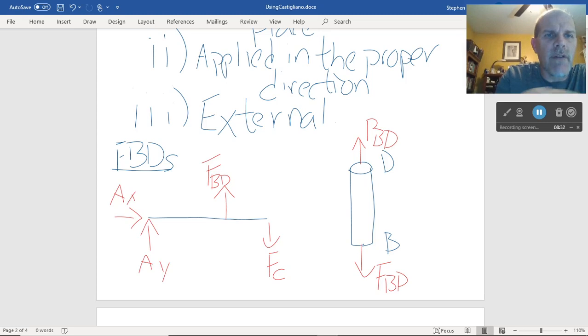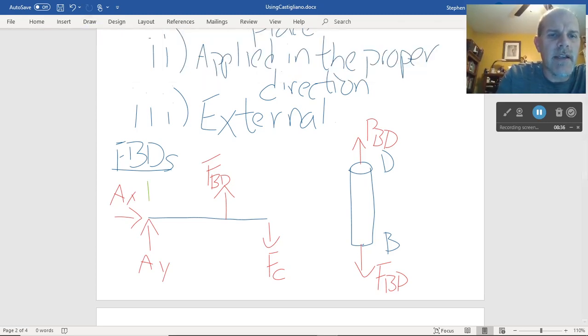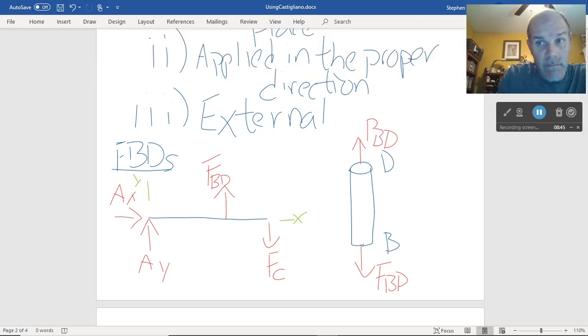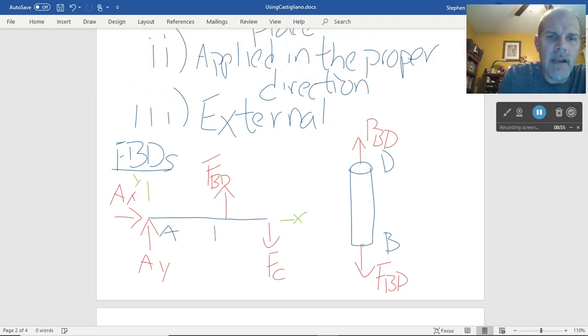And actually, I'm missing one very important thing in my free body diagram. Hopefully, I'd have a class full of students yelling at me that I didn't put axes on this thing, right? And there we go. So notice how FBD, that same force, that internal force, because of Newton's third law, is equal and opposite on BD compared to what I did on ABC. Okay? That's point A, that's point B, that's point C. It appears here and there.